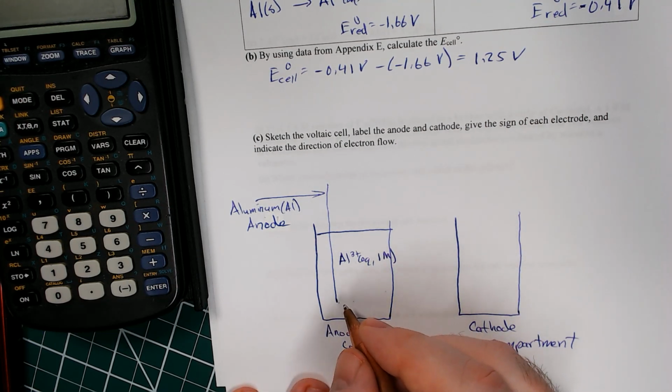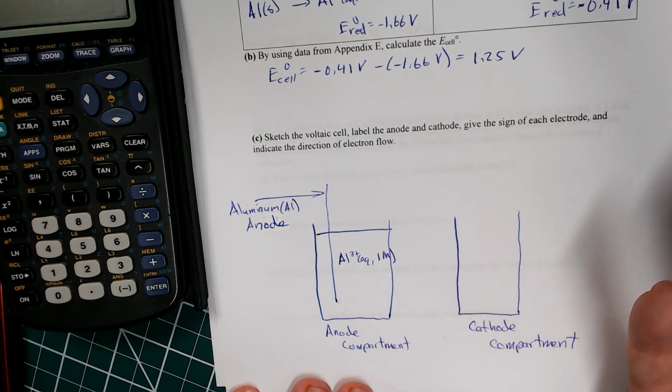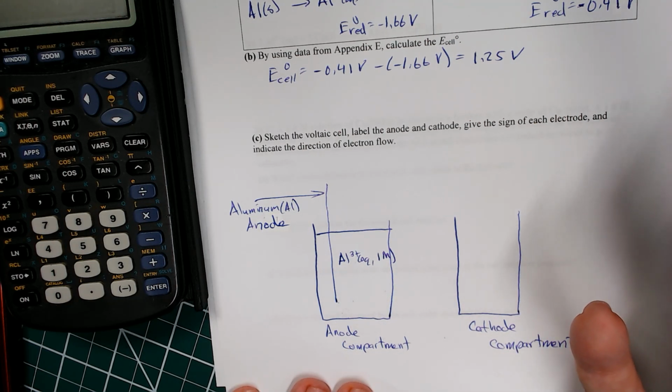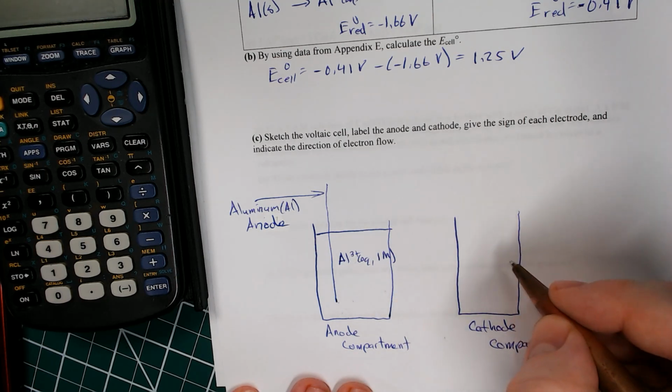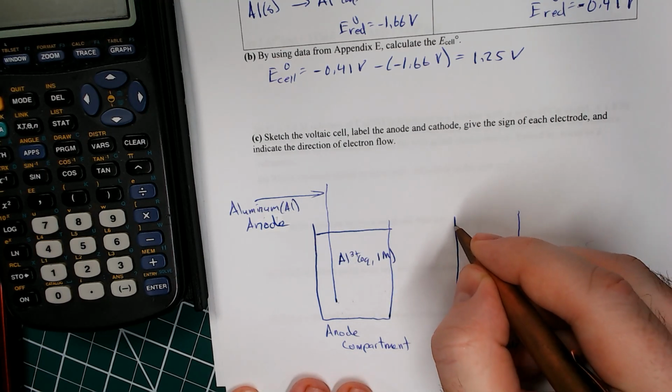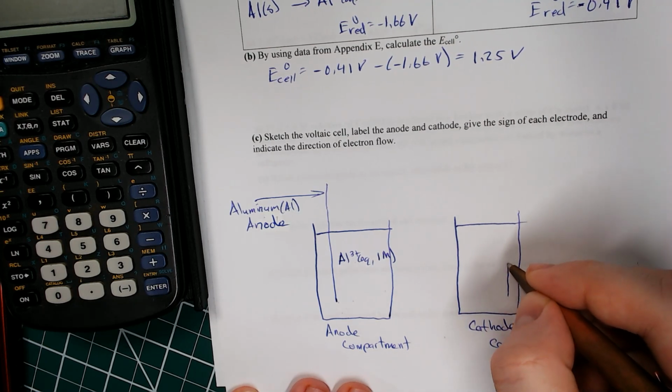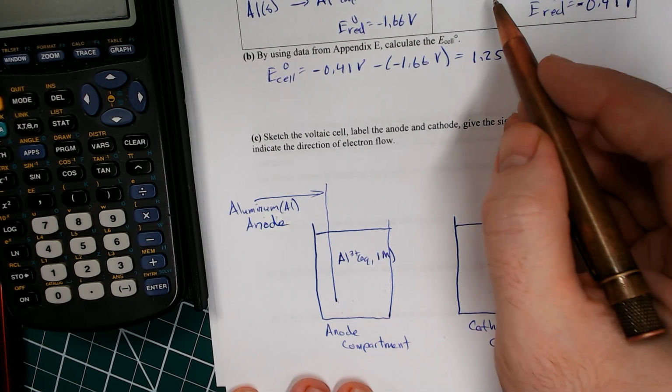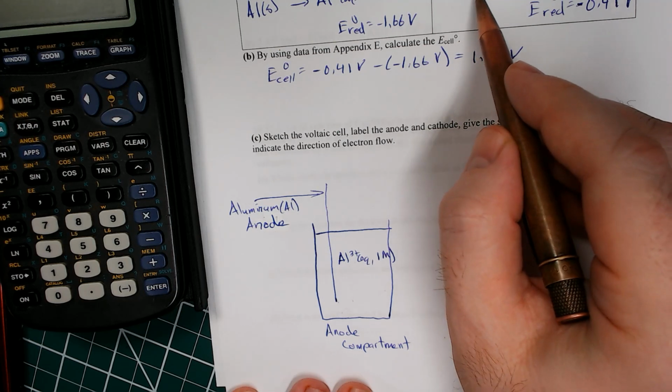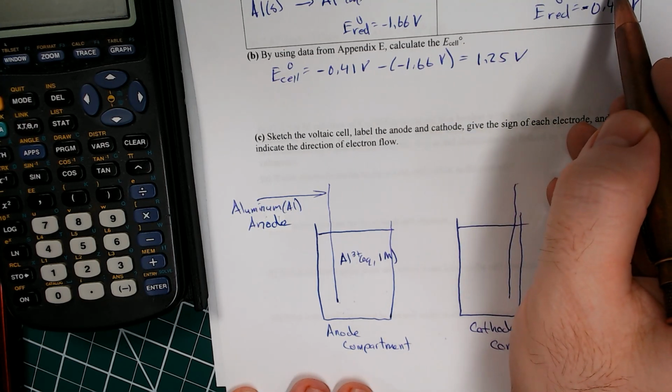All right, there is something else in there. It doesn't indicate what the counter ion is, probably something like nitrate. All right, and then over here we're going to have an electrode in the cathode compartment. But you'll notice that chromium 3 is aqueous and chromium 2 also aqueous.